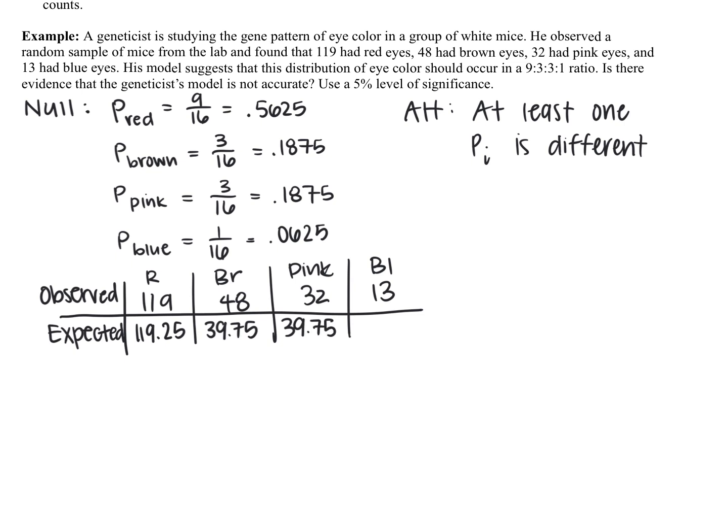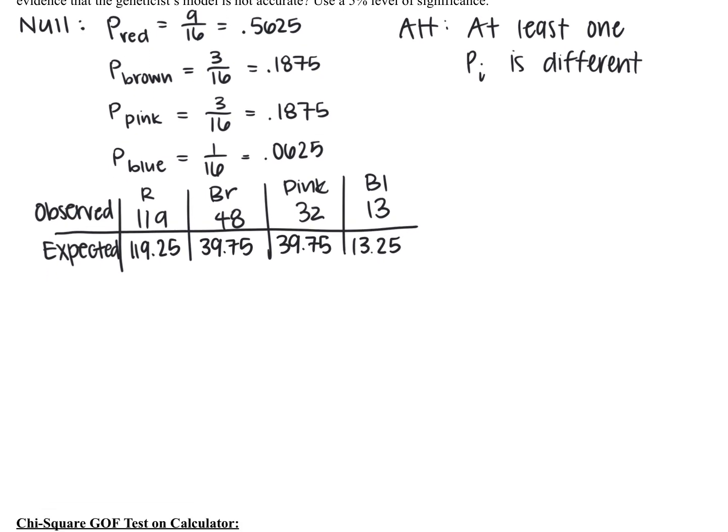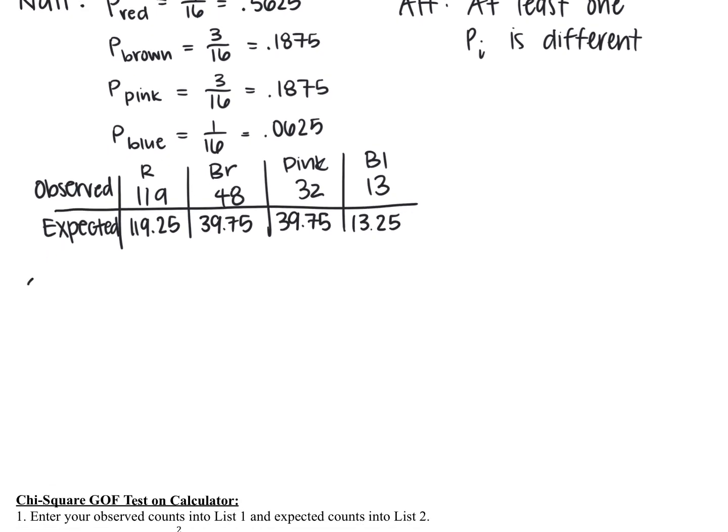And then for blue, we do 212 times 0.0625, which is 13.25. Your expected values do not have to be whole numbers. They can be decimals. So now we'll go ahead and calculate our statistic.